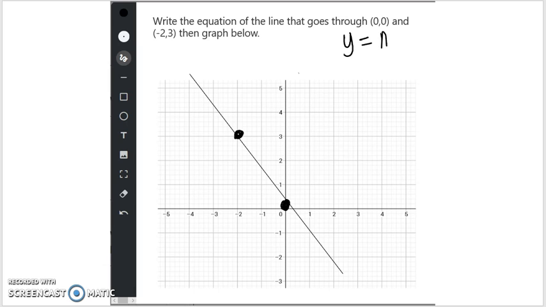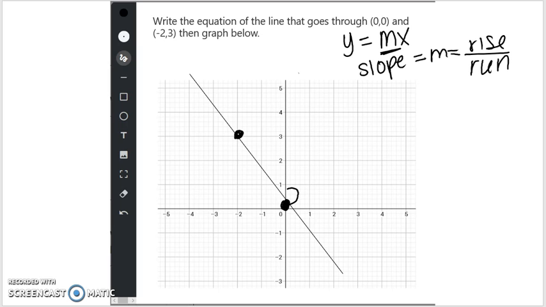So our equation is in the form of y equals mx, where that m is our slope, which is rise over run. So this time, we're going to be rising 1, 2, 3 in the positive direction.